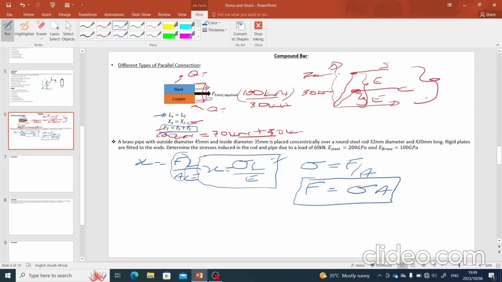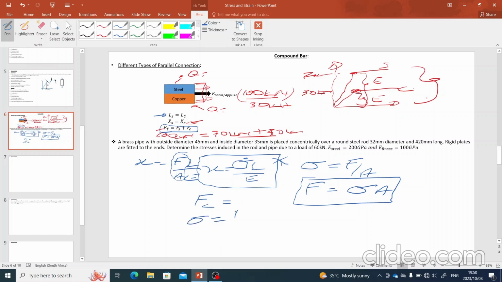You can work from the stress perspective, or you can work from the force perspective. If you don't want to work from the stress perspective, it's fine. You can always calculate the stresses they are looking for from the force perspective, meaning you will get the force of copper, then from the force of copper, you can calculate the stress.